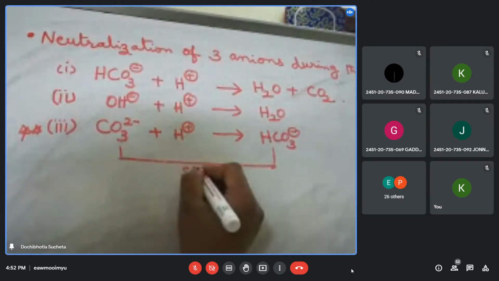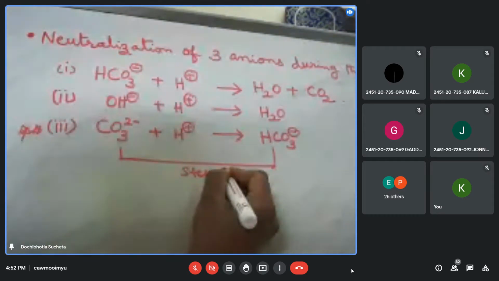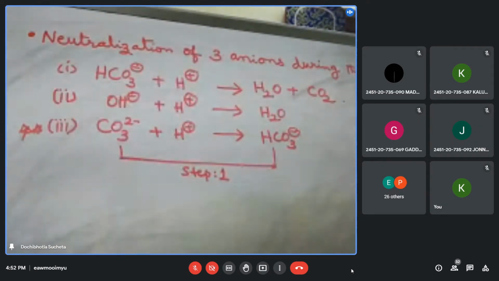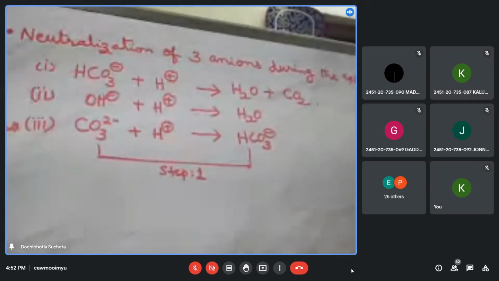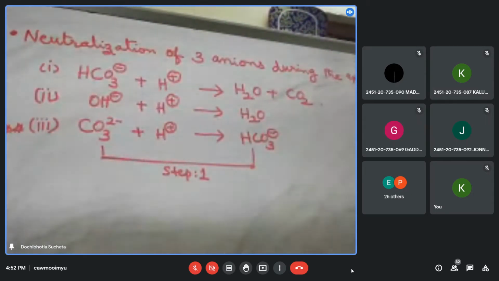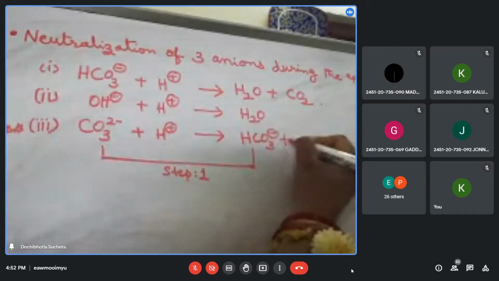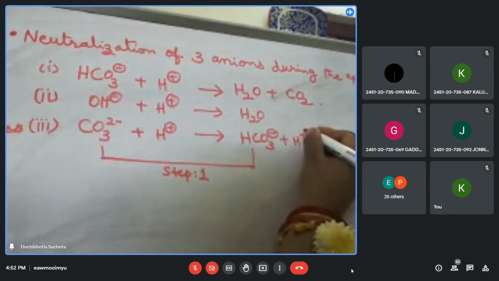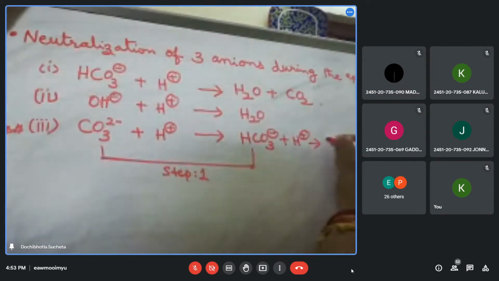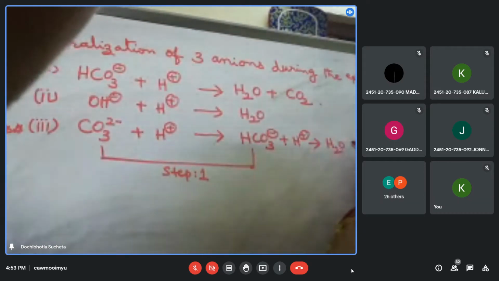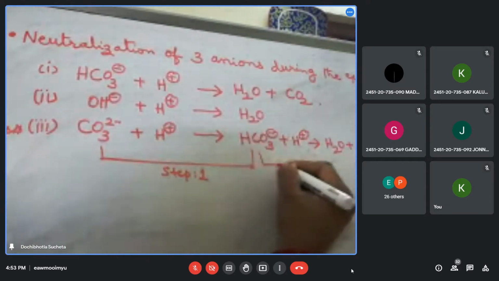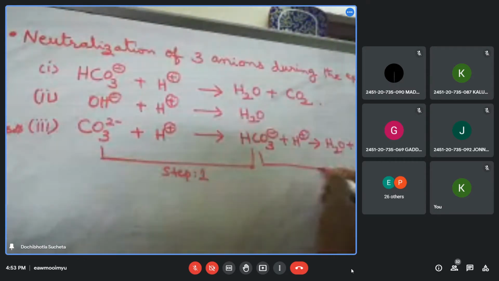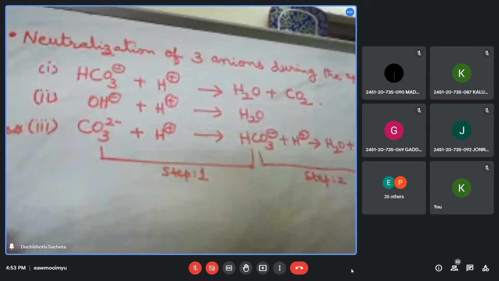This bicarbonate ion further reacts with H plus ion once again to form H2O and carbon dioxide. Now this is step 2 of neutralization.